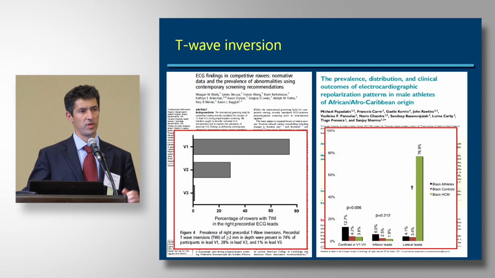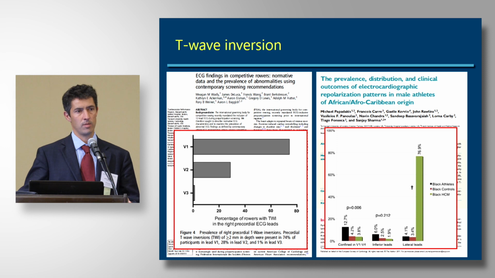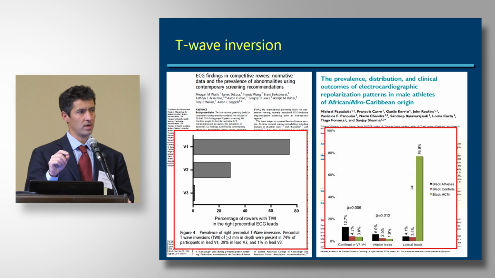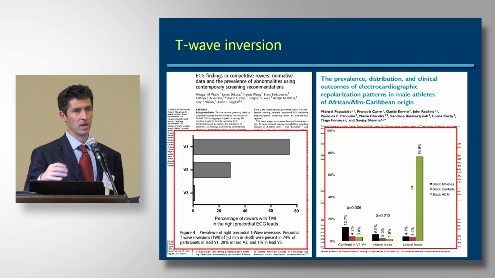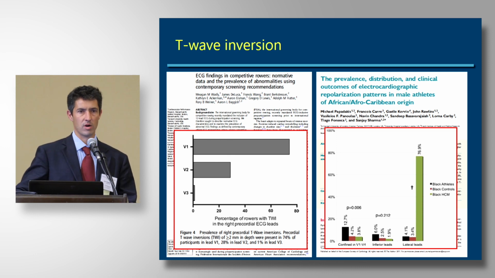So we label things based on specific leads, but I want to remind you that specific leads are a function of placement and are a function of physiology. So oftentimes in well-developed endurance athletes, as you heard from Dr. Sharma this morning, one of the things that happen is they dilate and enlarge their right heart and shift the electrical vector off to the side. And so what this looks like on the 12-lead electrocardiogram is often a delay of the QRS transition.